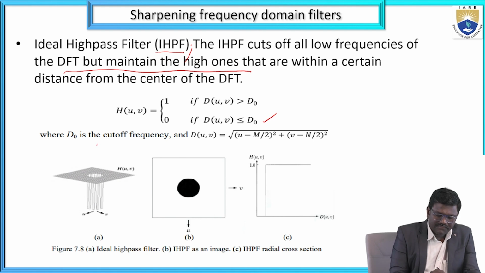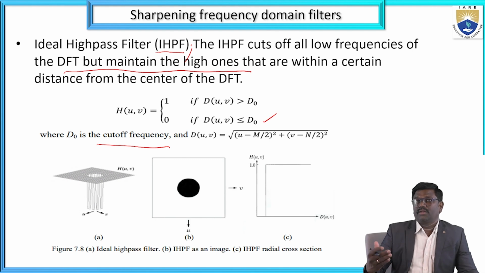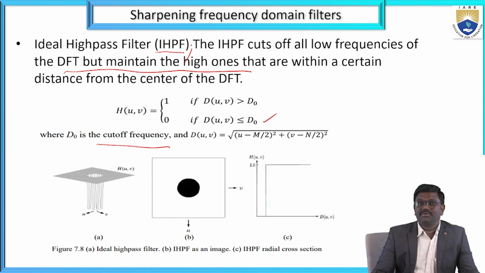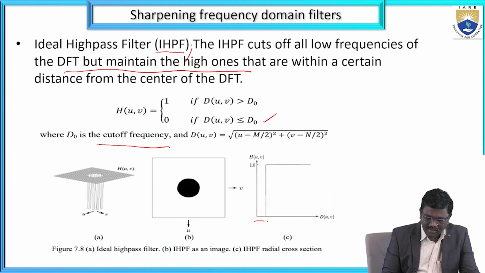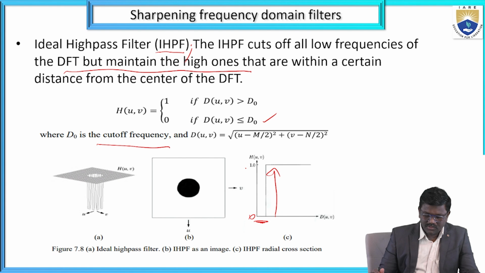D0 is the cutoff frequency, which we keep for the process, as we previously went through the Butterworth, Gaussian, and ideal high pass filters. We want to increase it according to the requirement, from one level to a high level, from 0 to the maximum, as in the radial cross section.